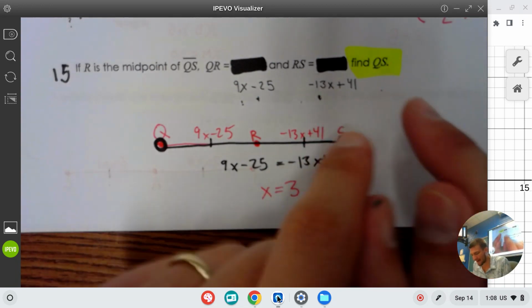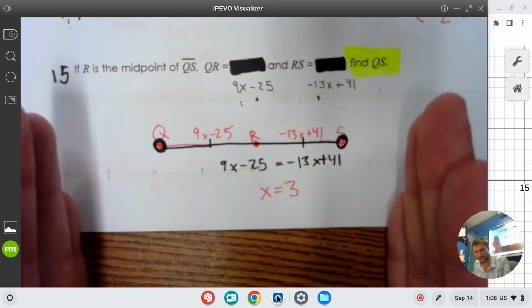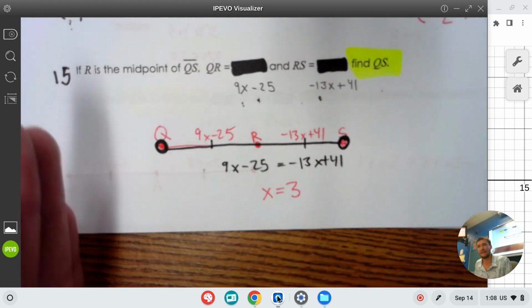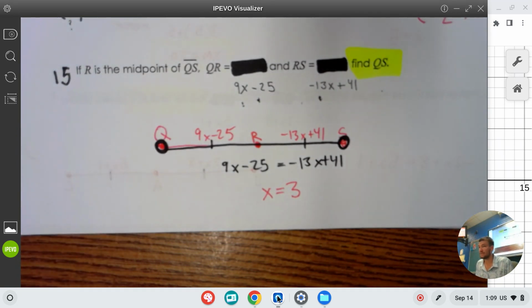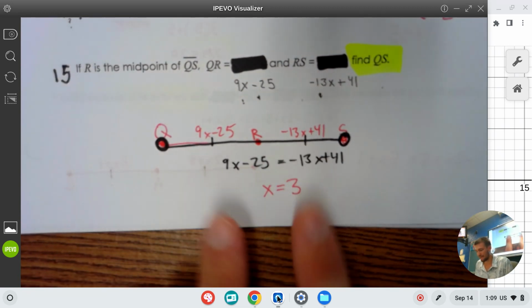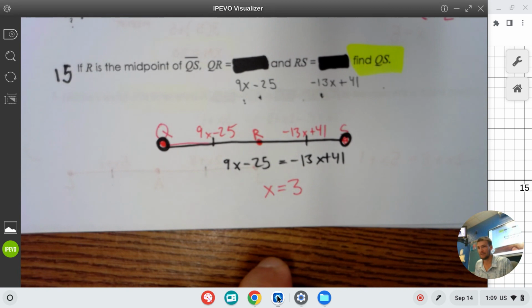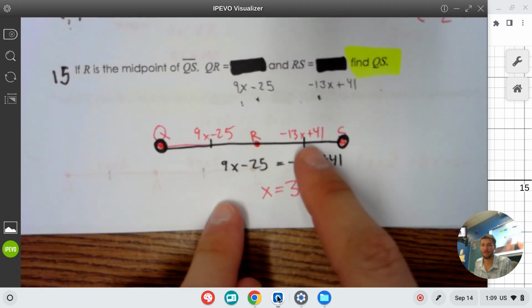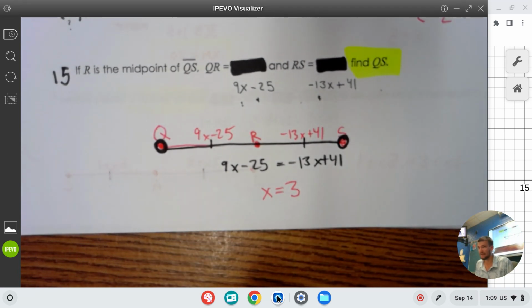How do I find the distance of the whole thing? Plug in the x to what? So you've got a couple different options, right? These are supposed to be the same thing, right? So if I plug an x over to the left, and I plug the x over to the right, what am I going to get? Same thing, right? They're the same thing.